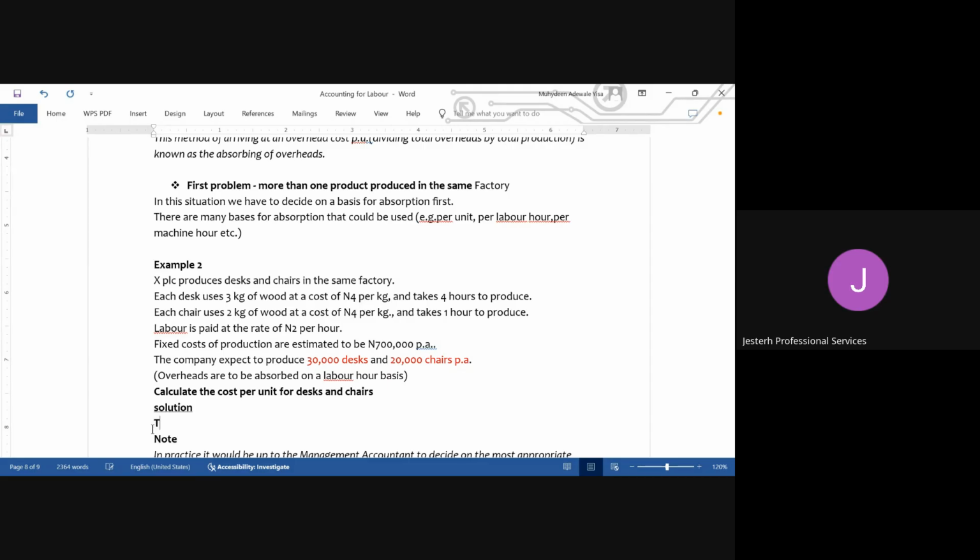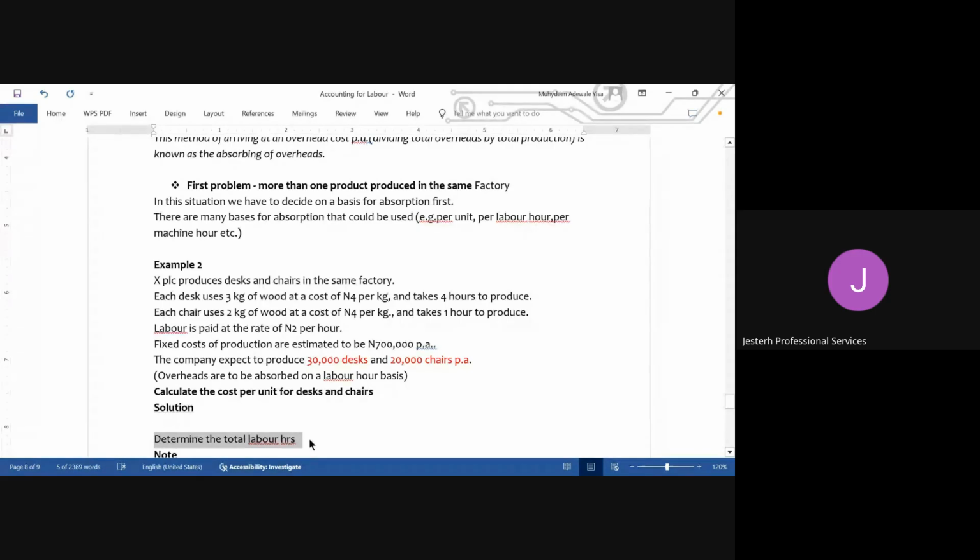Determine the total labor hours. Let me remove this on the line.